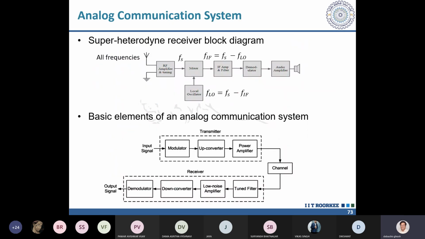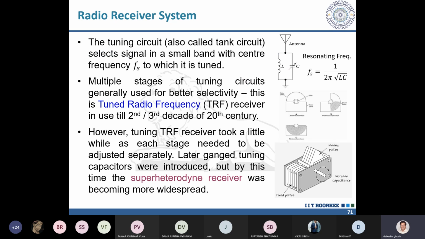So the antenna is catching signal from all the channels, but then there will be a tuning circuit which will select only the signal corresponding to the Fs and its adjacent band. Okay, so it will be tuned like that. It will tune to Fs, meaning it will catch signal from Fs and its adjacent band.